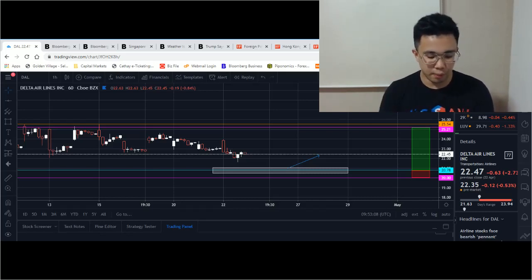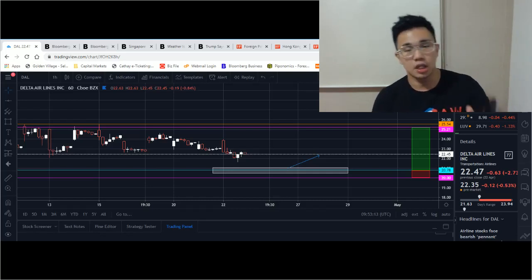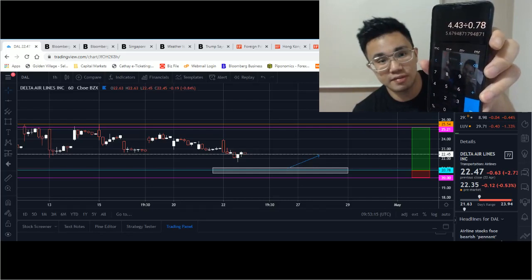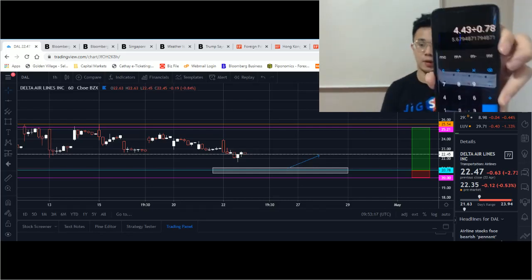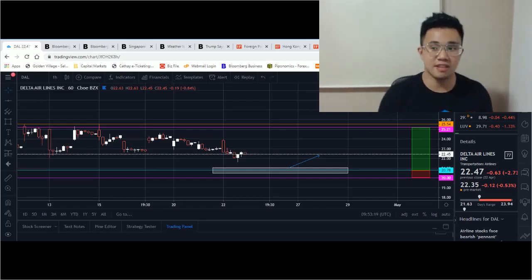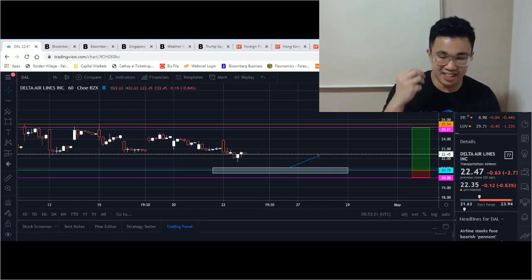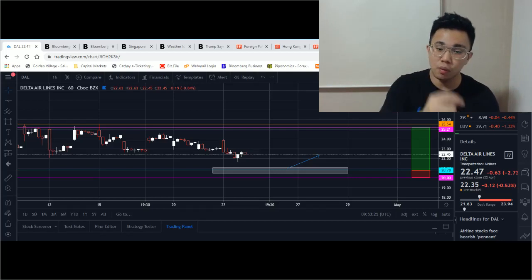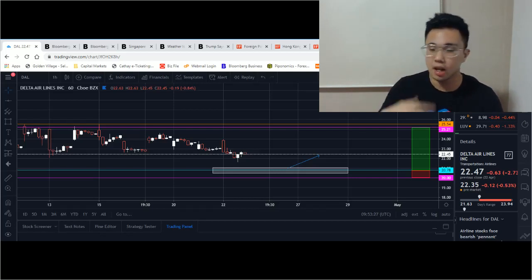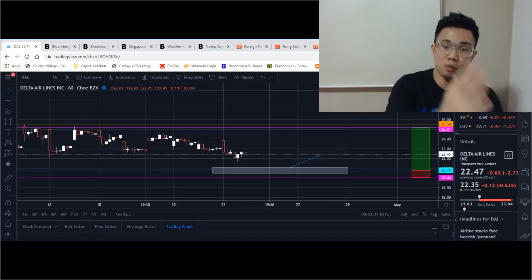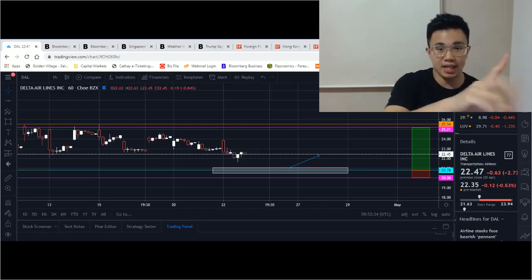So 4.43 divided by 0.78, you're looking at 5.679. That is the reward to risk ratio. The reward to risk ratio is 5.679, or rounded, 5. So your reward to risk ratio is 5:1.